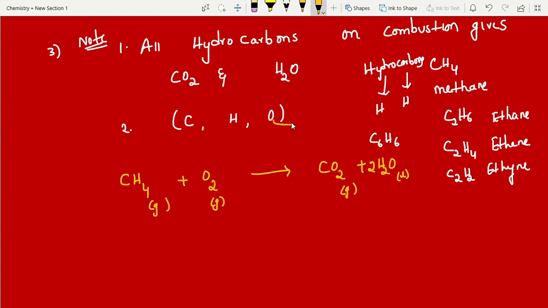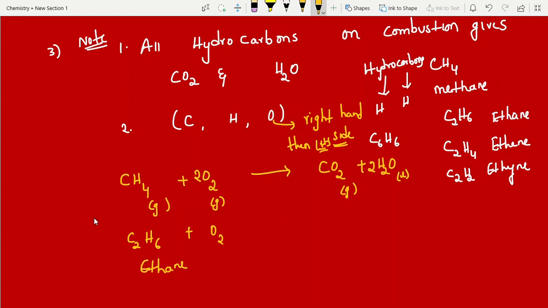Oxygens you always count first on the right hand side, then the left hand side, LHS. See here 2, here 2, 4, 2 twos are 4, that's it, you can balance. Next, suppose we take C2H6, ethane. Ethane on combustion.